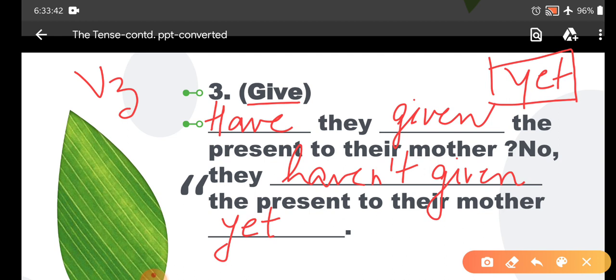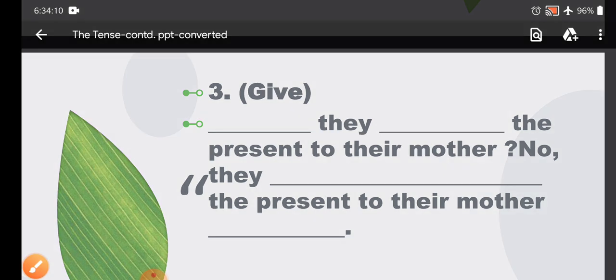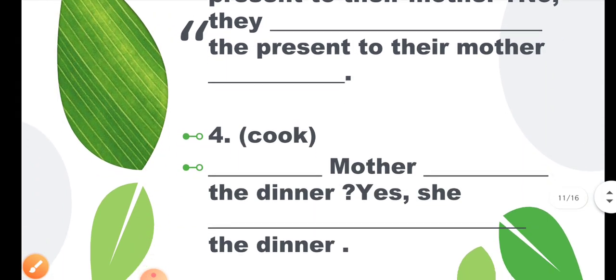Can you fit an already anywhere in this sentence? Can you say they haven't given the present to their mother already? I can see a smile on your face because these things we use in language so commonly. It is just that we are learning these things technically through your grammar. But in your day-to-day usage, I am sure you would be knowing all these things already. See, I used the word already, no?